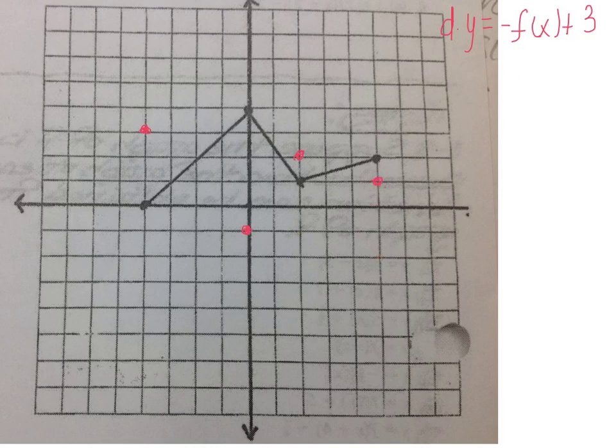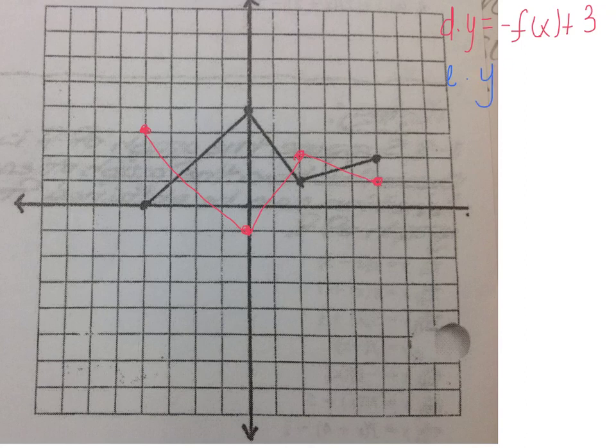So my final graph will look like this. Upside down and shifted up 3. And then when you get good, you'll be able to do everything and go straight to the final graph. But until then, sorry about that bell.